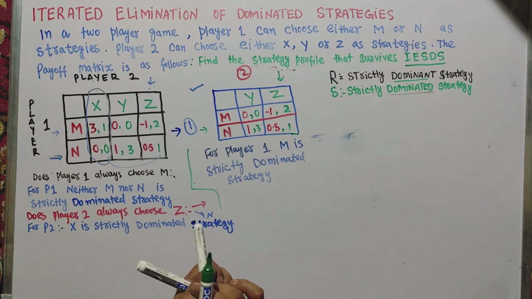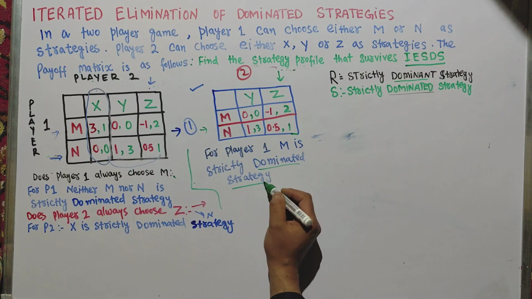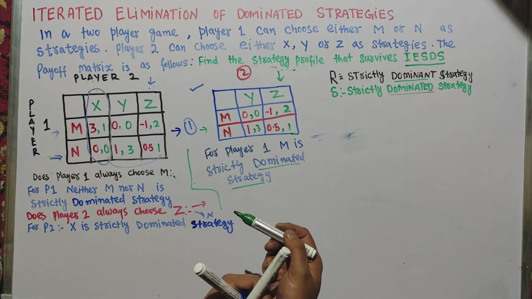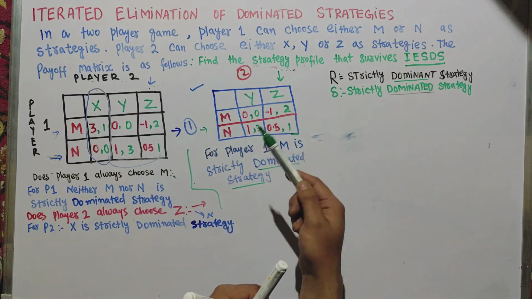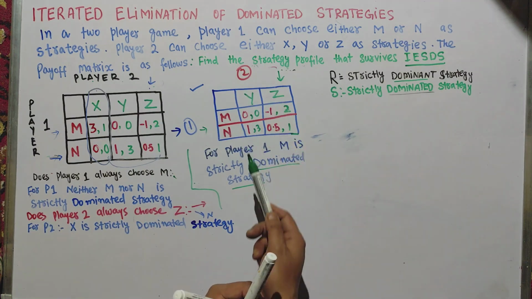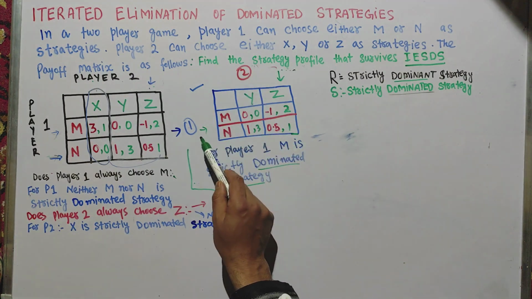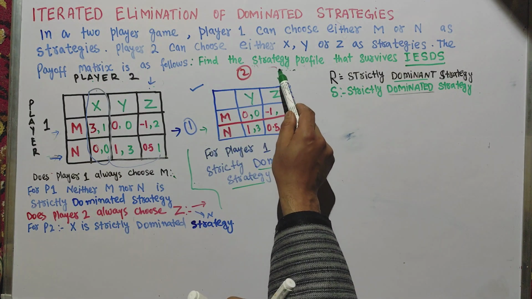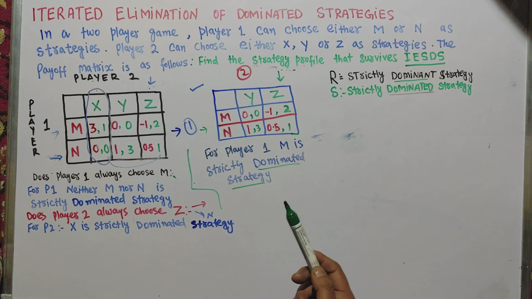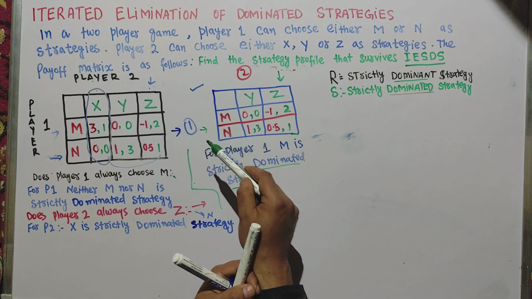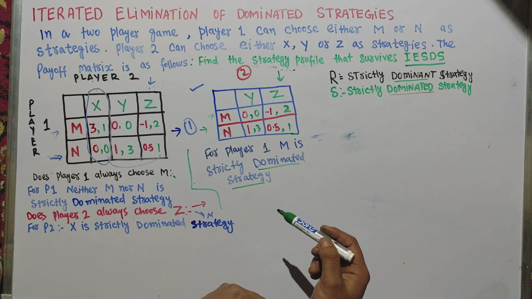Our endeavor is to delete or eliminate the strictly dominated strategy. Let me explain it again. The question is, does player 1 always play N, whatever player 2 plays, whether Y or Z? If player 2 chooses Y, player 1 will always choose N. If player 2 chooses Z, player 1 will always choose N. So we say that M is dominated by N. That means M is a strictly dominated strategy.